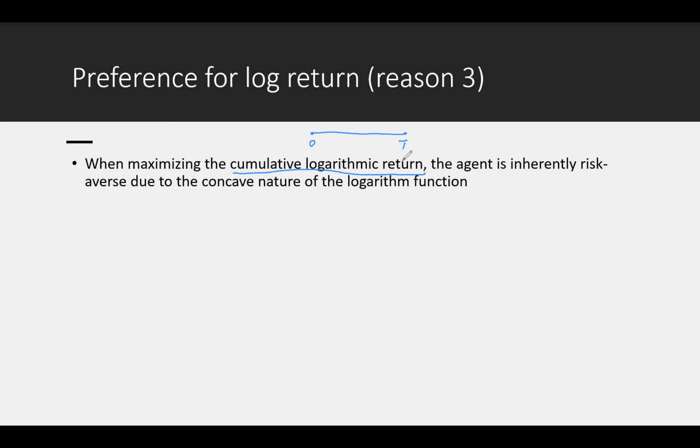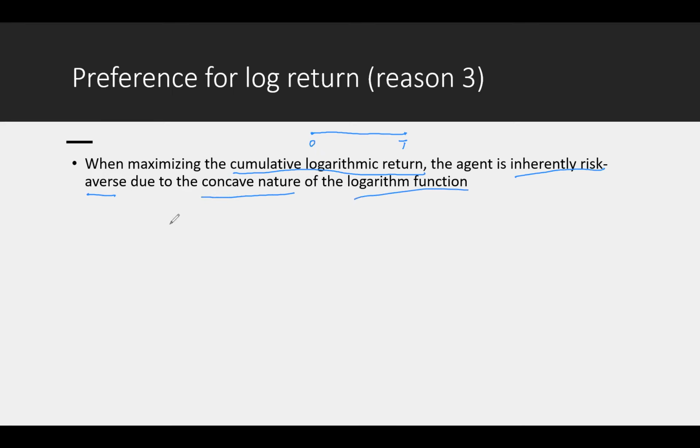So if we use a log return instead of just simple return, then the agent or the investor is inherently risk averse. So this means that we're going to be more sensitive to risks compared with the normal scenario. And this is in fact due to the concave nature of the logarithmic function, right?